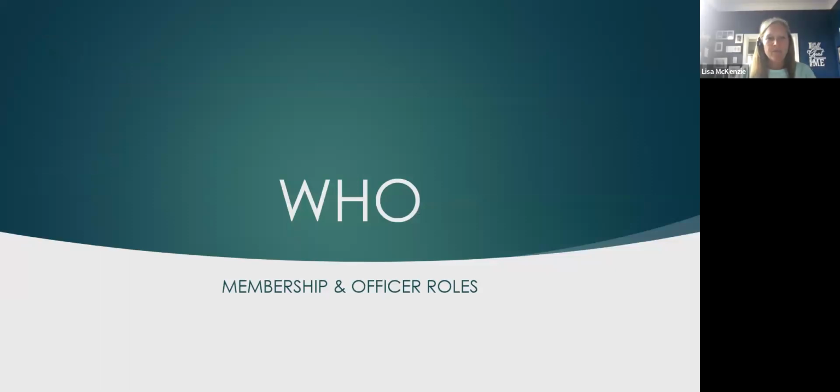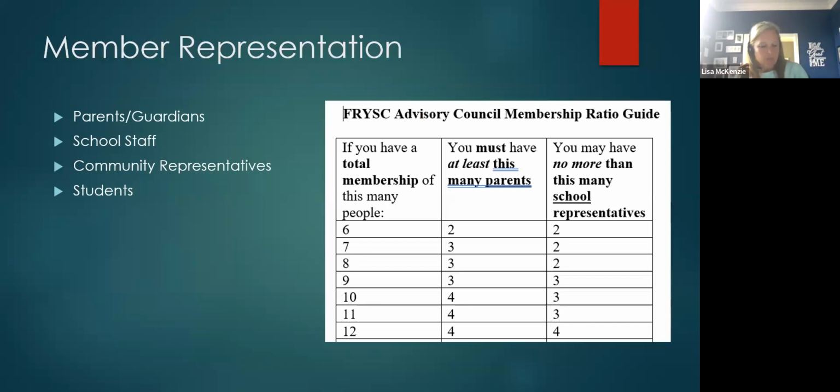So when we talk about who is on our advisory council, we're talking about membership and officer roles. Your advisory council is made up of parents, caregivers, school staff, community, and students.